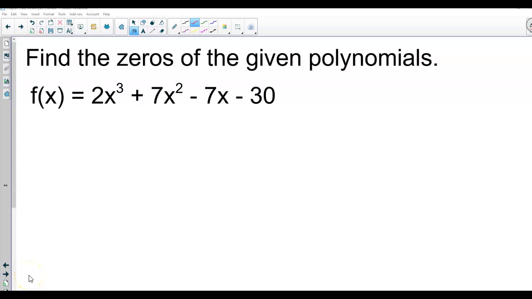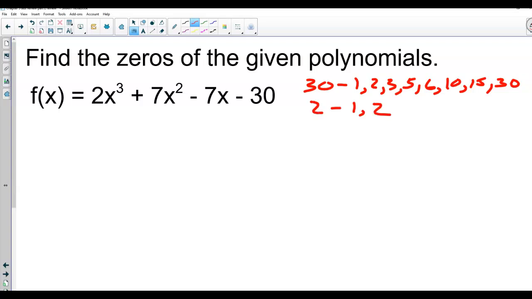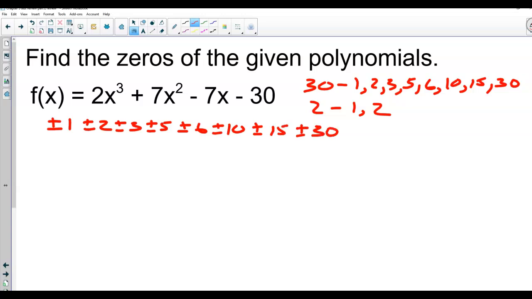So for these, we have to get the possible solutions. We take the factors of the constant and we put them all over the factors of the leading coefficient. So 1, 2, 3, 5, 6, 10, 15, and 30 are possible rational solutions.